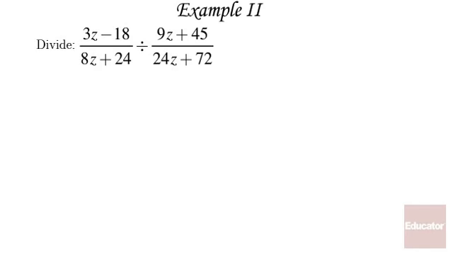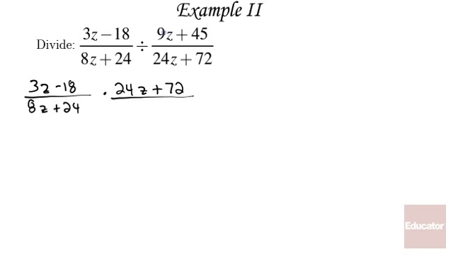Second example involves polynomials, and my first step is always to find the reciprocal of that second term. So I'm going to go ahead and do that before I do anything else. So now I'm multiplying by the reciprocal of this. I'm going to take the denominator, 24z plus 72, and put it in the numerator, divided by 9z plus 45, which is going to go into the denominator.